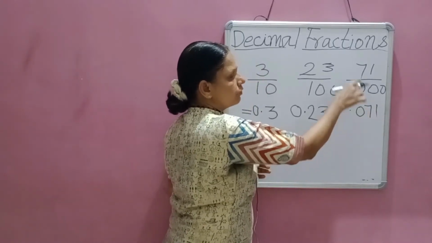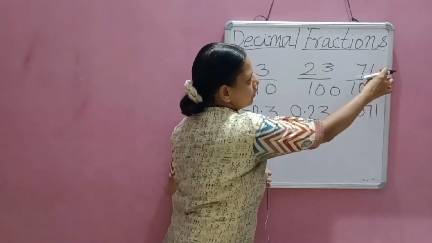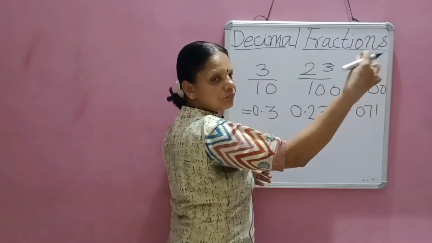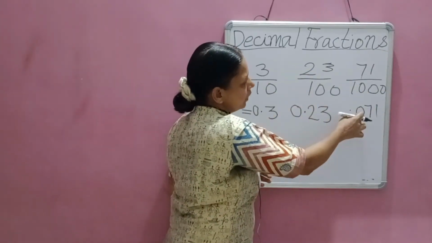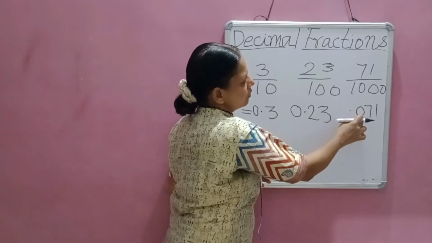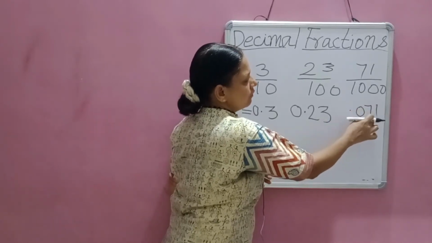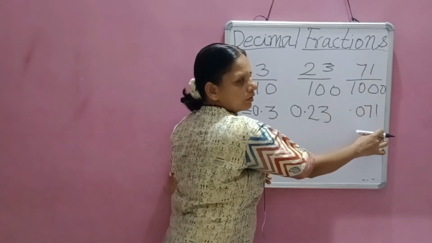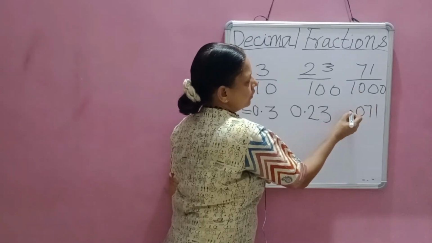Before 3 digits we have to put the decimal point. Last 0 after the decimal has no value. So it is 0.071. 0.071 is equal to 71/1000.